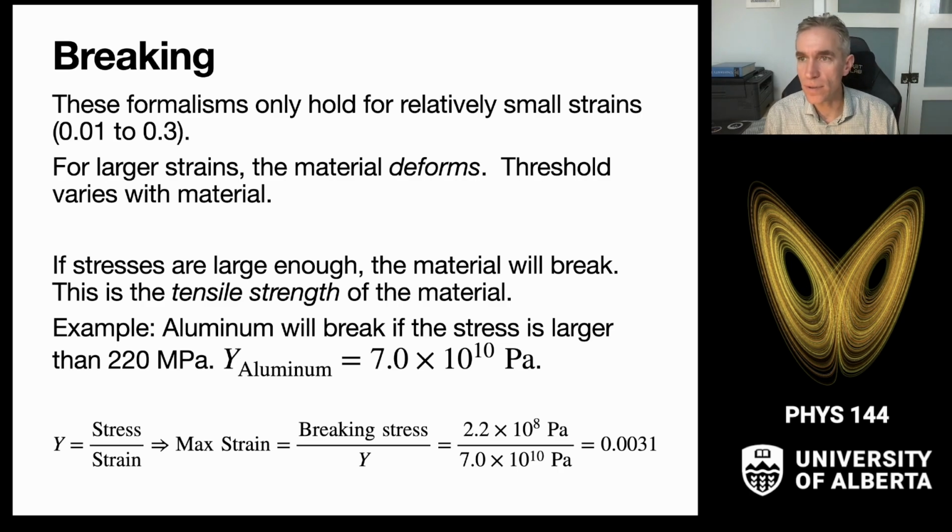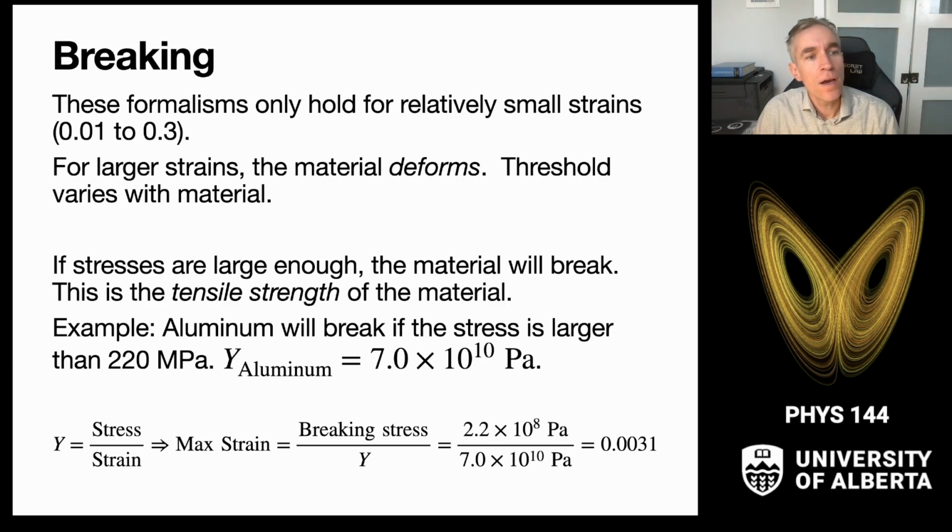In the case of tensile forces, we refer to this as the tensile strength of the material. So as an example, if the stress inside aluminum is larger than its breaking stress, which is 220 megapascals, then the object, whatever it is made out of aluminum, will end up breaking.